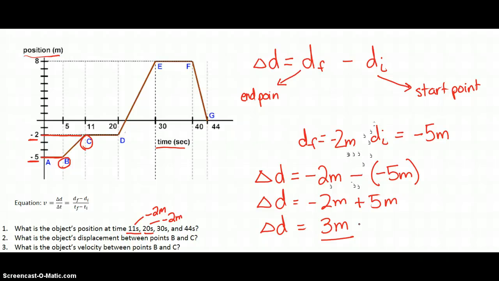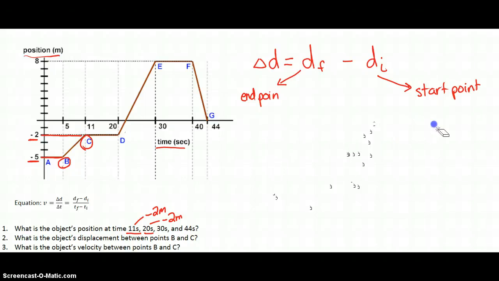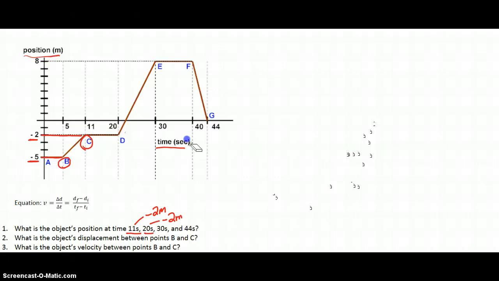Number 3 gets a little bit more complicated. So again, I'm going to erase all this to get it out of the way. All right, so for number 3, we're asked to find the velocity between points B and C. Our equation here, I'm going to rewrite it here.